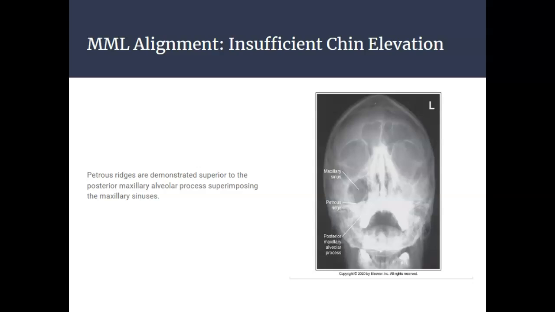If the petrous ridges are demonstrated superior to the posterior maxillary alveolar process, superimposing the maxillary sinuses, then we have insufficient chin elevation. That mental meatal line is not perpendicular with the IR. So we need to adjust the mental meatal line so it is perpendicular with the IR to achieve the adequate image.